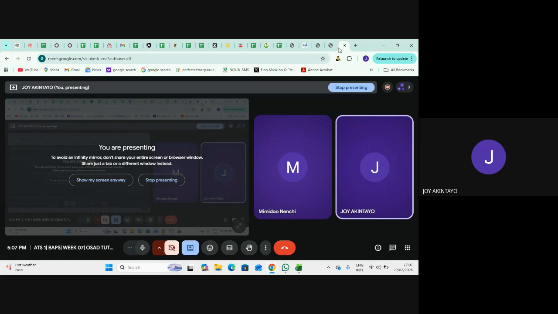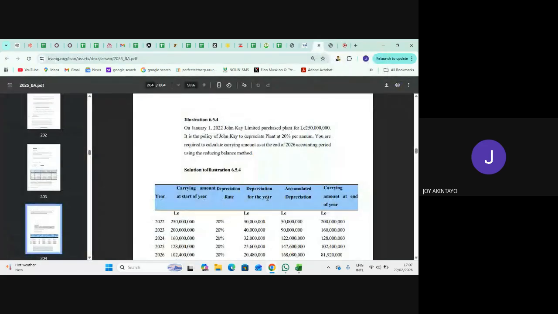Can you unmute your mic? Okay. Let me explain what takes place here. We only have interest in the carrying amount. So the carrying amount at the end of the period will just be the difference between the carrying amount and the depreciation for the year.